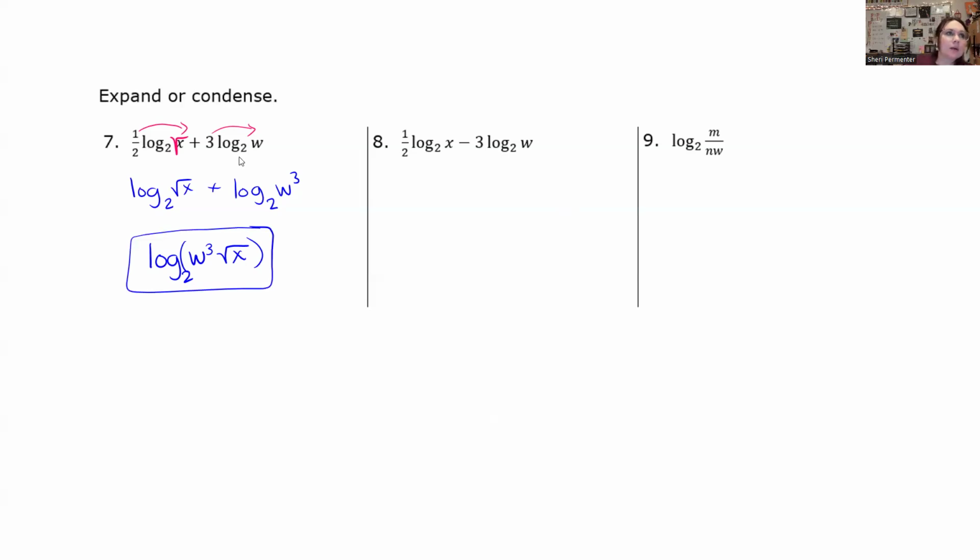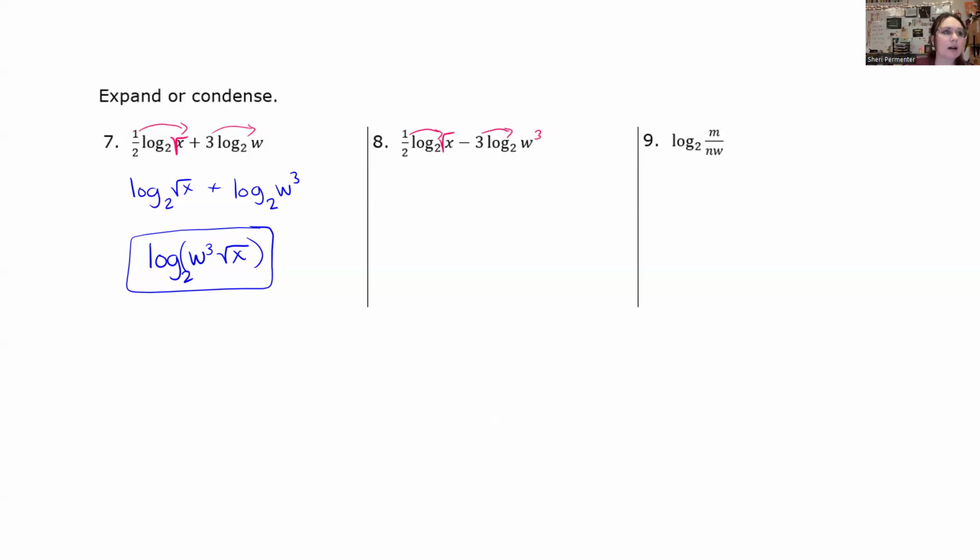The next one, what's the only difference here? Yeah, it's negative. So what's the operation when you are subtracting? Dividing. Okay, well, this one I have to be a little bit more careful. So yes, I'm still going to have to bring this over, and that will become square root. This is still going to become w to the third power.